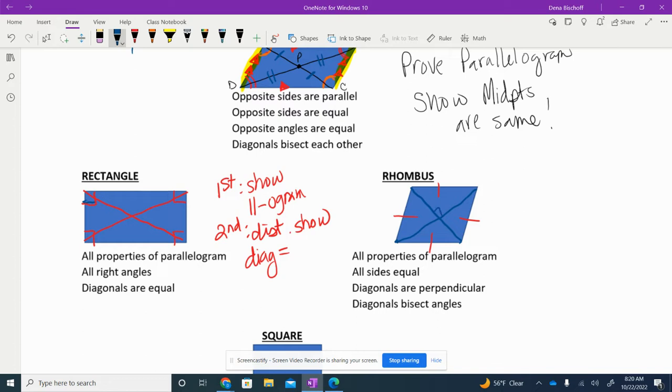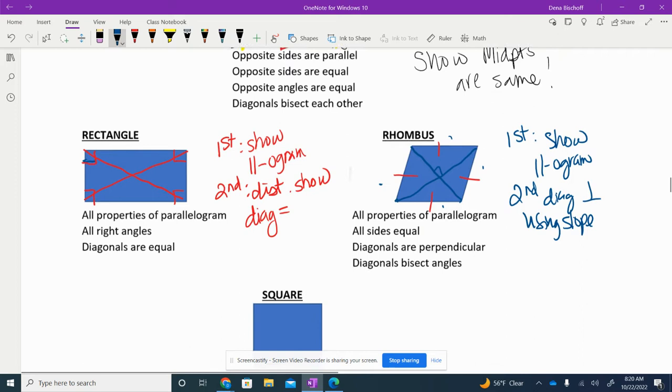If I were to prove that I had a rhombus, I would first show that I had a parallelogram, and then I would prove that the diagonals are perpendicular using slope. I could prove that all the sides were the same using the distance formula, but that's using the distance formula four times when I can just find the slope of two lines, okay?